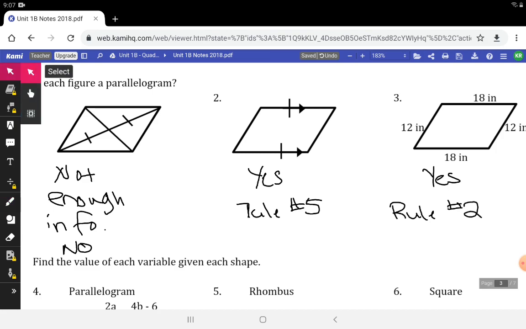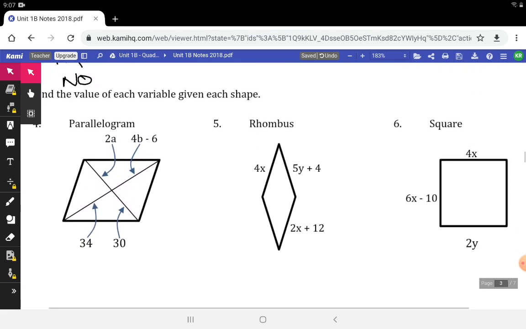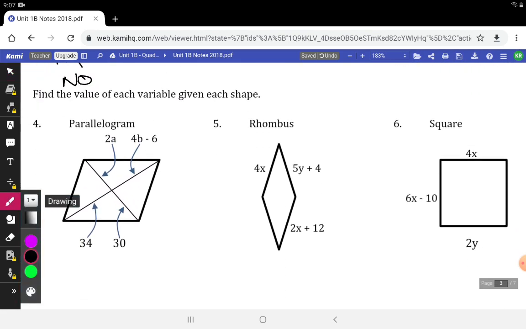All right, and now we're going to actually do some algebra. Okay, so for example number 4, we are told that it's a parallelogram. In parallelograms, we know that diagonals bisect one another. So that means that this segment is congruent to that segment, and this segment is congruent to that segment.